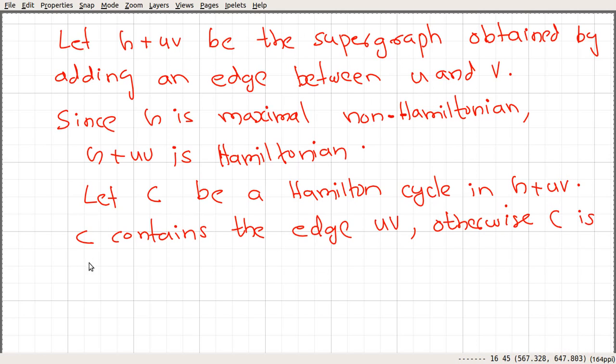Otherwise C is going to be a Hamilton cycle in our graph G, but we constructed G in such a way that it is a maximal non-Hamiltonian graph. So C contains the edge UV. Otherwise C is a Hamilton cycle of G, and that is not possible.